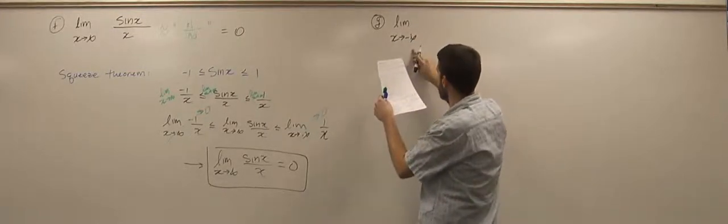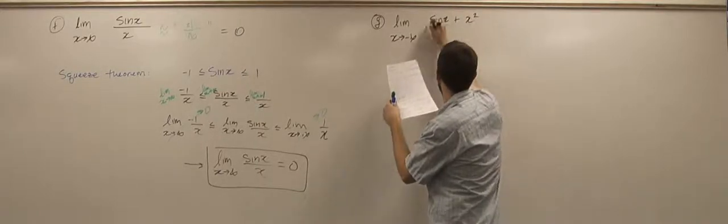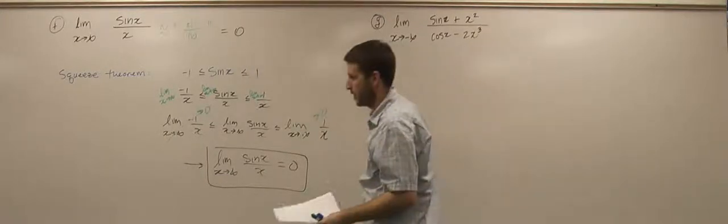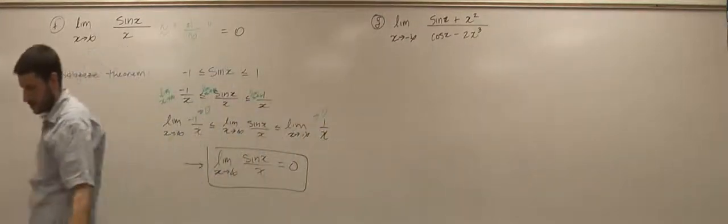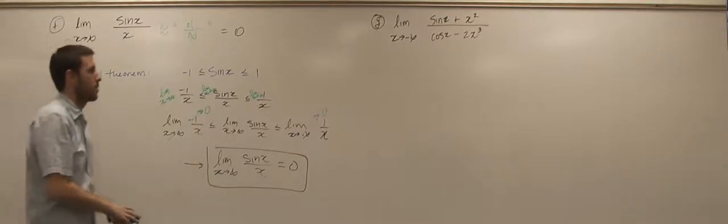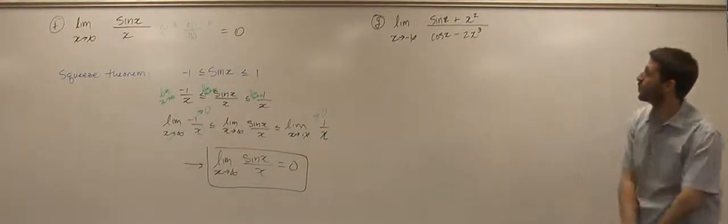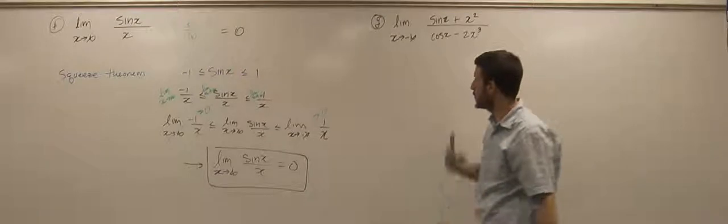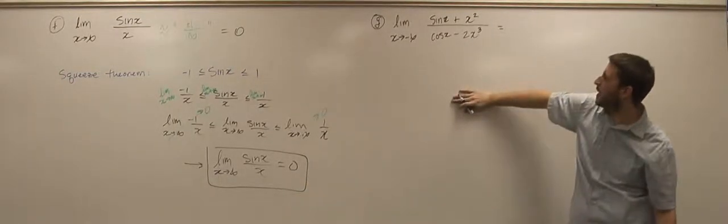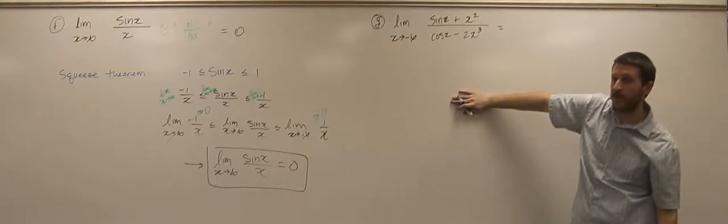Limit as x goes to negative infinity, sine x plus x squared over cos x minus 2x cubed. So when you plug in, what's your intuition telling you here? It's going to infinity over infinity, right?